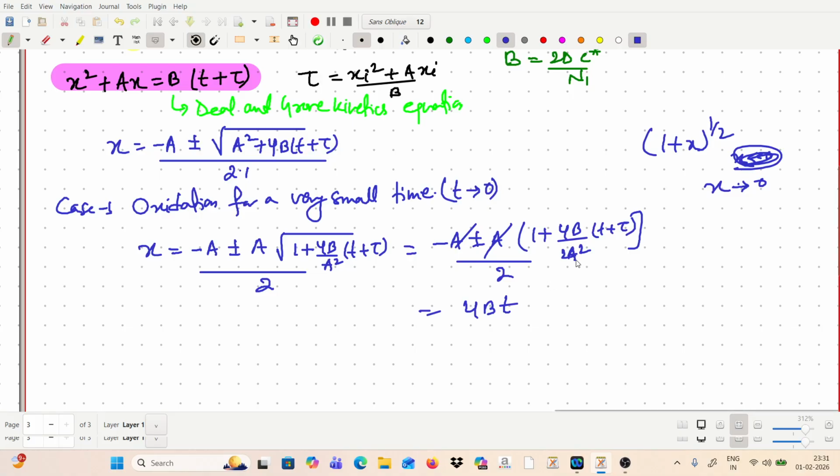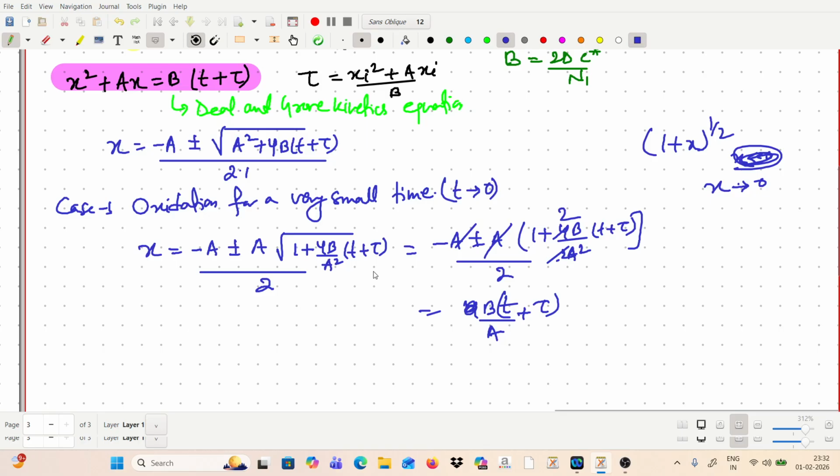So this 4b by 4b, sorry, this should be 1 plus, if we solve a plus 4b by 2. So this 2 to 2b, 2b. So it should be bt, so b by a t plus tau.